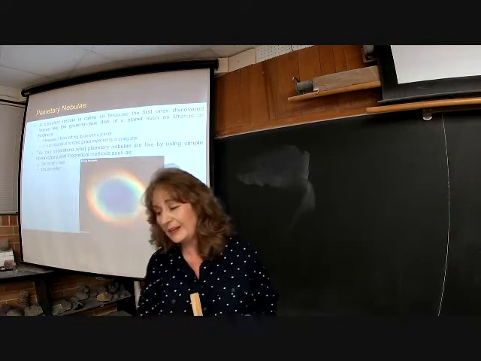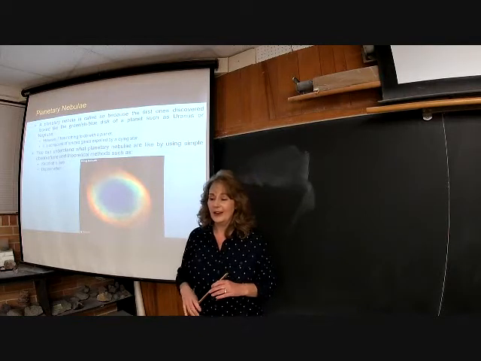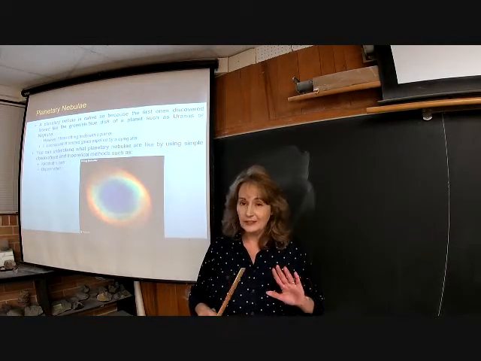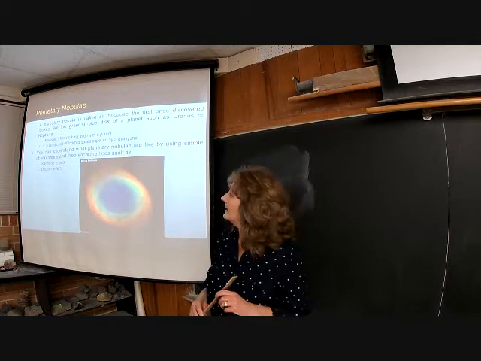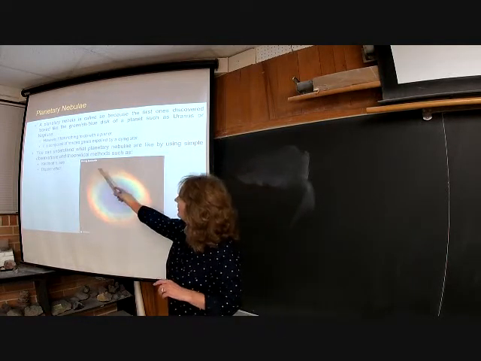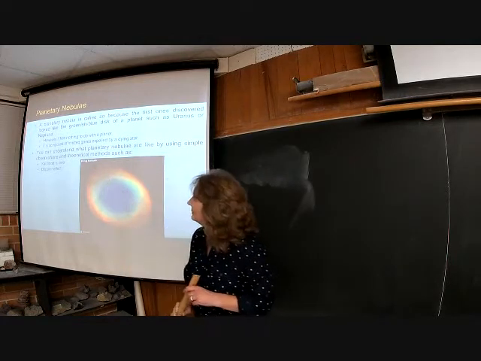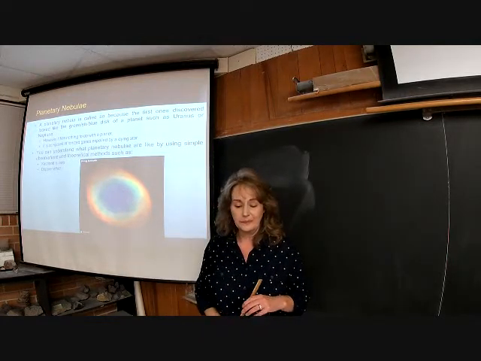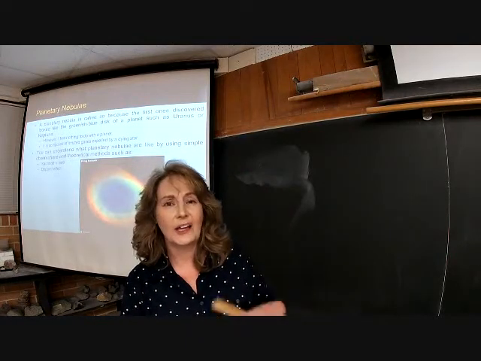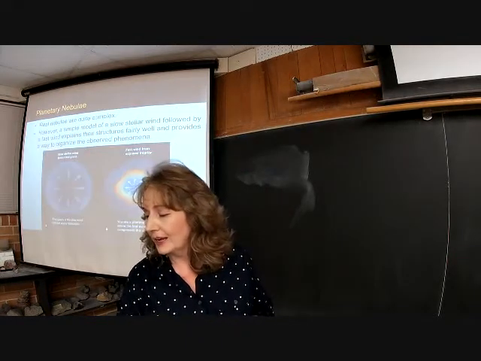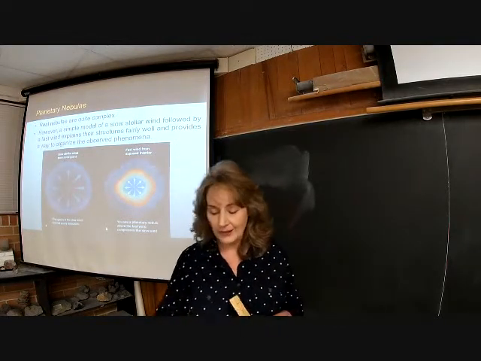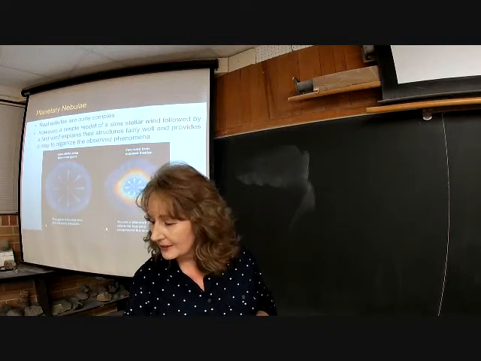Here's another one, looking quite beautiful, but nothing to do with a planet. It's ionized gases being expelled by the dying star. This is the Ring Nebula. Planetary nebulae are part of becoming the giant and then expelling that outer layer.